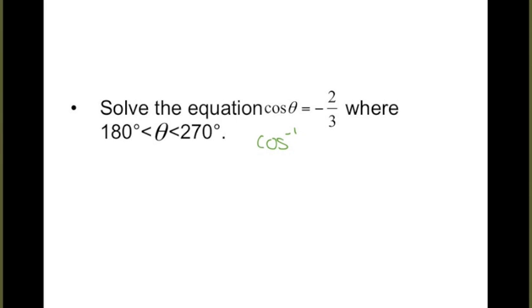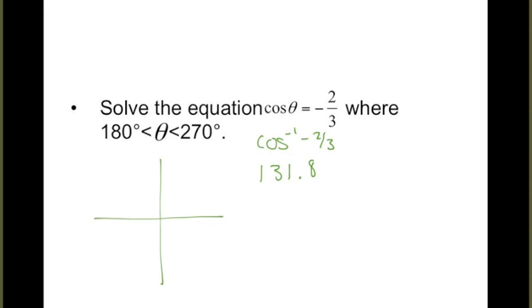So for this one, we're going to start by doing an inverse cosine of negative 2/3. So on the calculator, second cosine of negative 2 divided by 3 gives me an answer of 131.8. That is not between 180 and 270, so that's not going to work as our final answer.